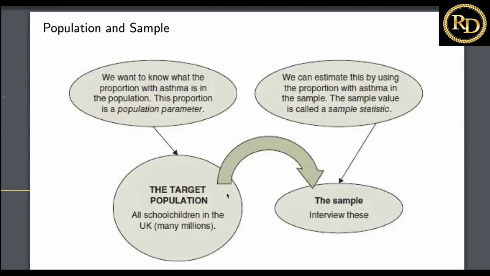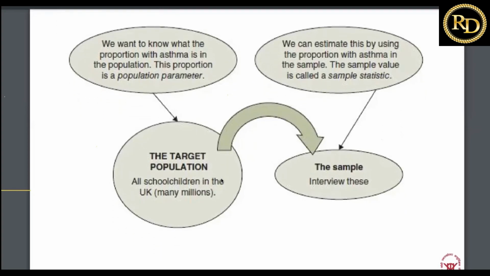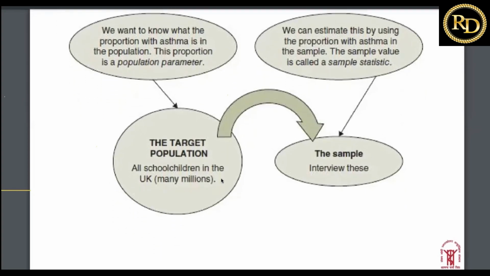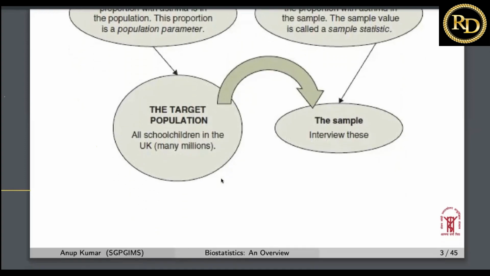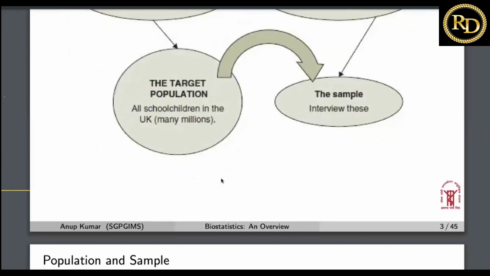So this is the particular thing that we want to estimate. Now, we can estimate this by using the proportion with asthma, just by taking a sample from this population, and from this sample we estimate what proportion of the children are suffering from asthma. And this particular sample is going to give us an idea of what the true proportion of children is in the population.